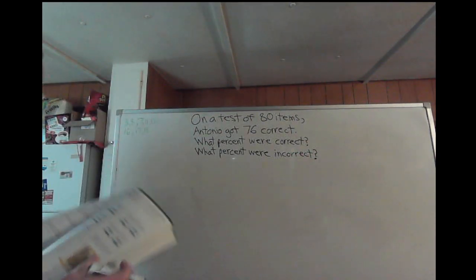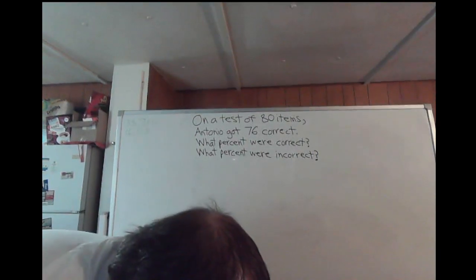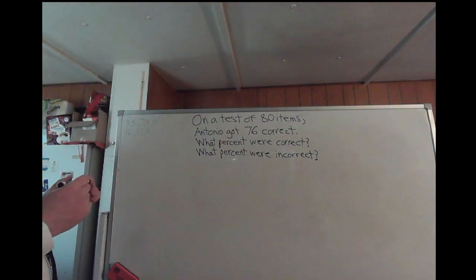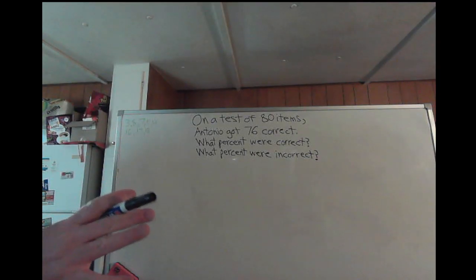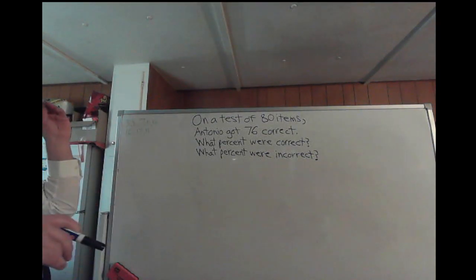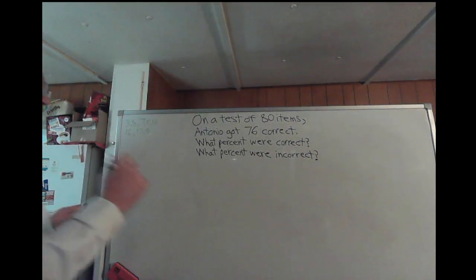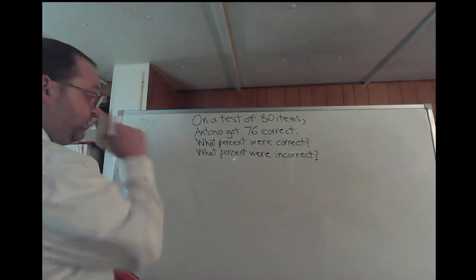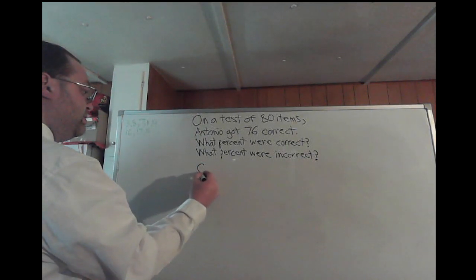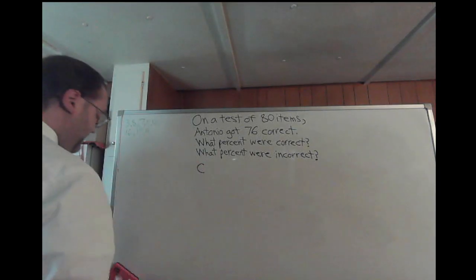All right, so let me read this again here. On a test of 80 items, Antonio got 76 correct. What percent were correct? What percent were incorrect? So, out of the 80, how many correct?